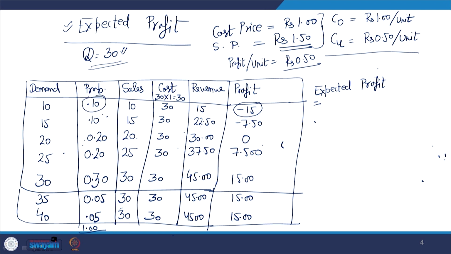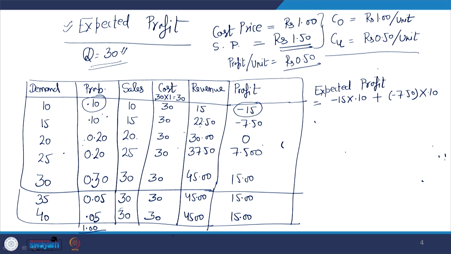So, the expected profit will be minus 15 into 0.10. The probability of the profit of minus 7.5 rupees is again 10%, so plus minus 7.50 into 0.10.